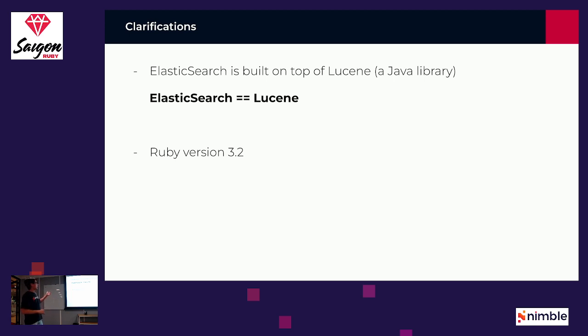But Elasticsearch provides a lot of features on top of it, stuff like distribution, sharding, and also a dashboard or API interface, like an HTTP interface. But we're going to skip all that, because what we're trying to do today is focus on the core technology, so the search, the query, and the indexing part. And I'm going to use Ruby version 3.2, not really important.